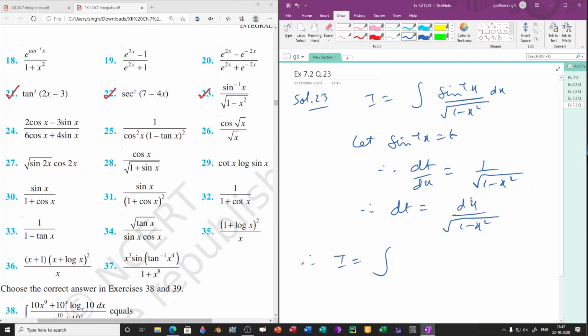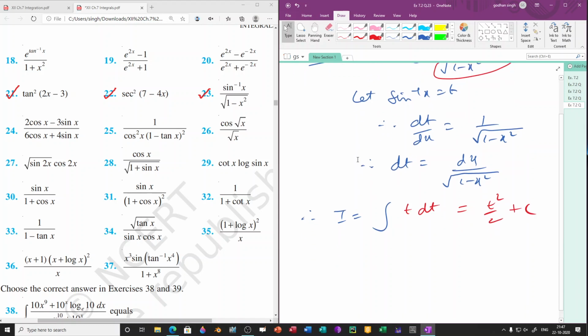And therefore we can see that our I will become I equal to sine inverse x, that can be replaced with t, and dx over root of 1 minus x square can be replaced with dt. What we are getting is I equal to integration of t dt, and the integration of t is t square by 2 plus c, but our original function is in terms of x, so we will replace t with the value of x.